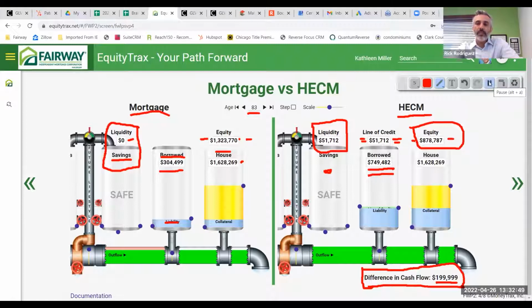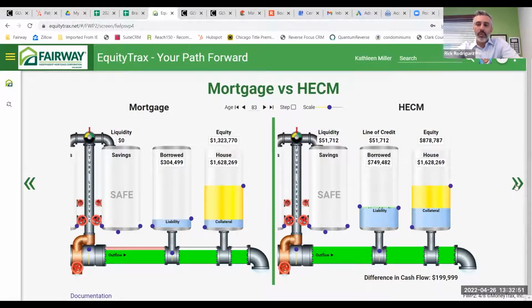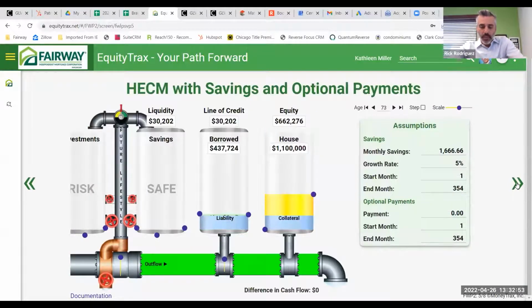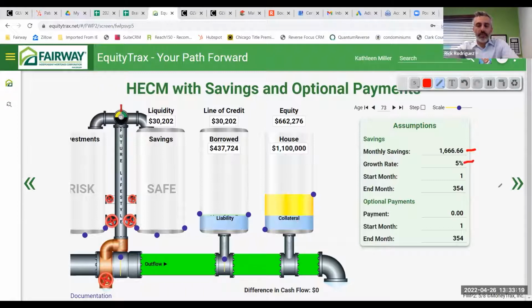Now, let me take you to example number 2. And that is going to be showing what if instead of making payments to the mortgage of $1,666, what if we were, or this person, I should say, were to make payments towards their savings account, their nest egg, and we're using an average rate of return of 5%.